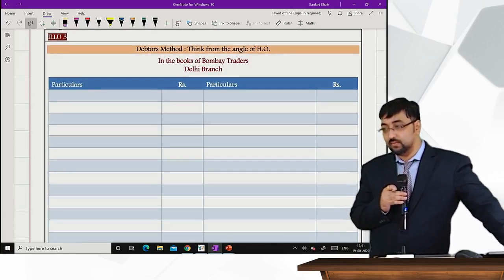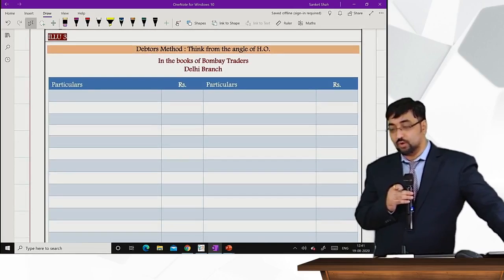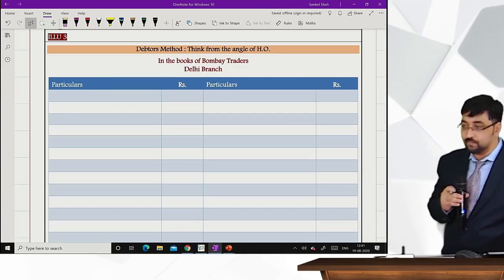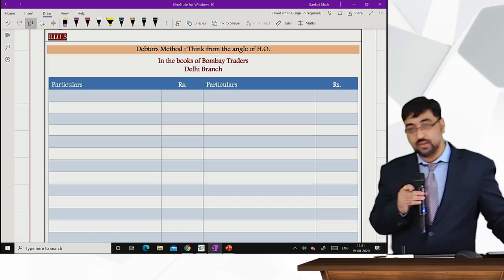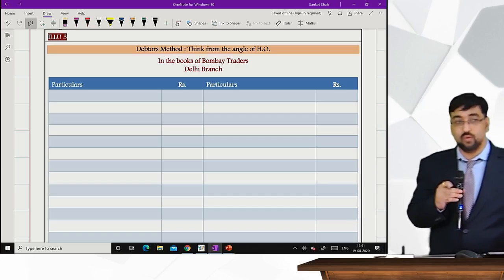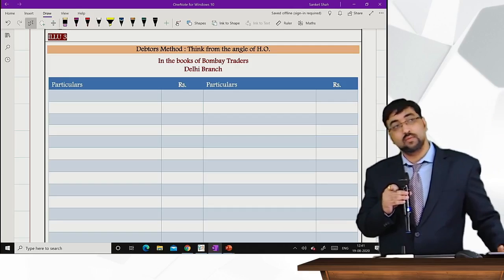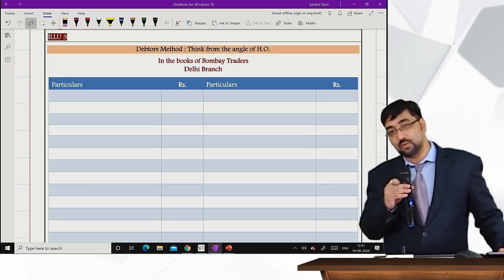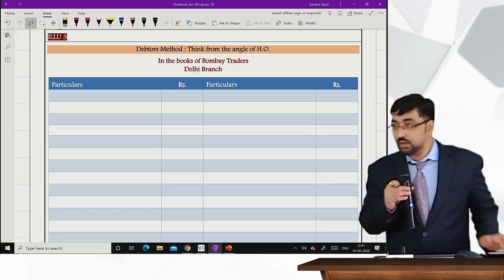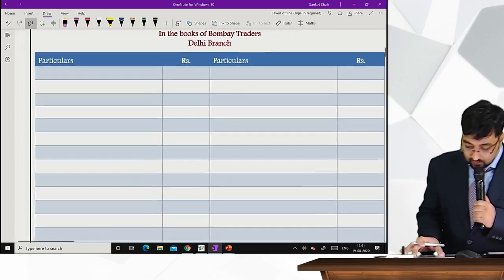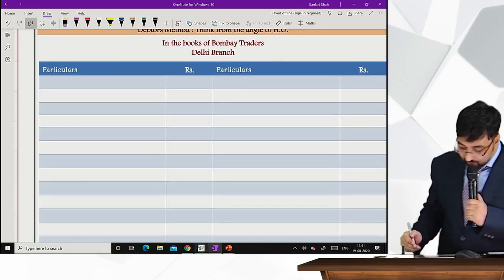Okay, so draw fast, write down particular rupees only in the first account. No need to write it again and again. Okay, so let's start. First, write down opening balances.